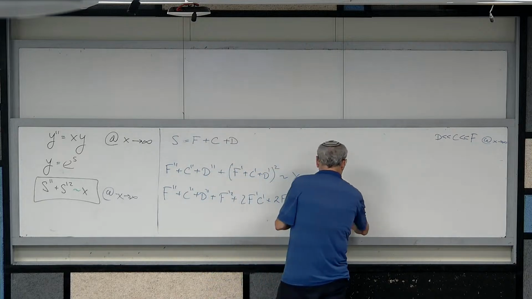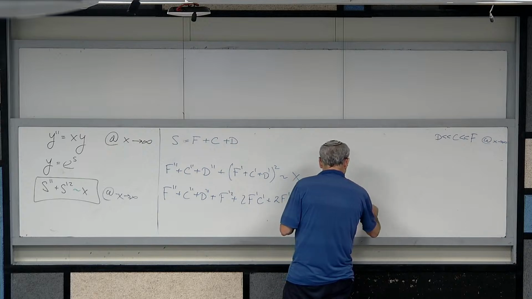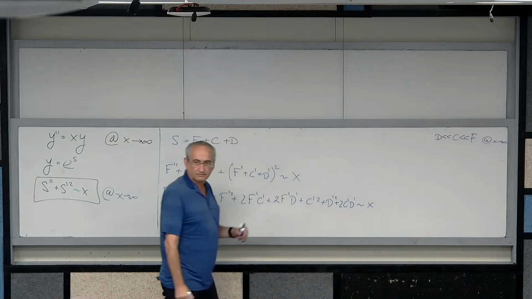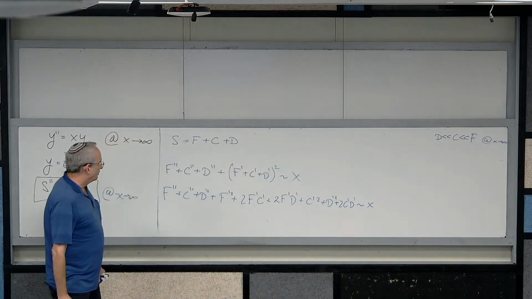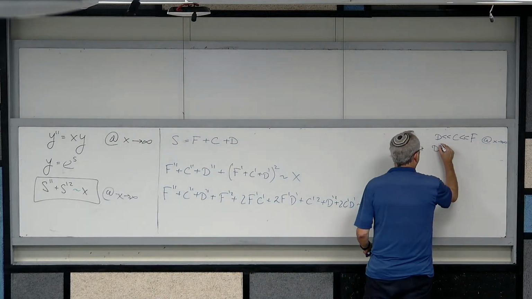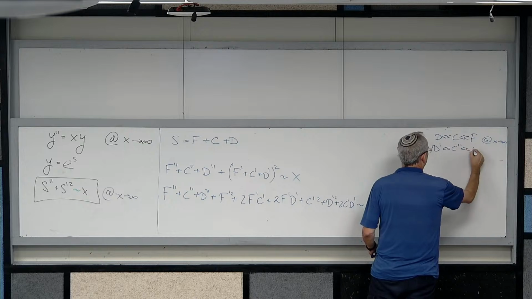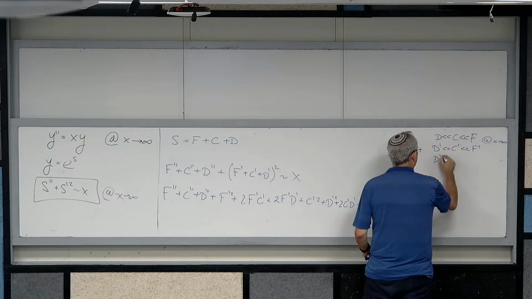Let's write it. Both of you are right. So I always assume that this is true, and of course this is true also, and this is true also, right?